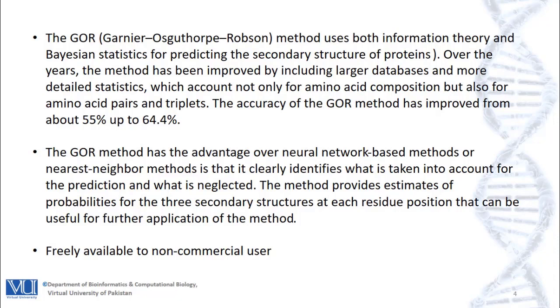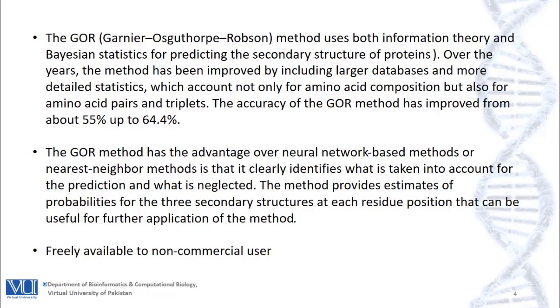It basically includes both information theory and Bayesian statistics for the prediction. The accuracy of the GOR method has been improved from about 55% up to 64.4%. And this method has advantages over other methods like neural network based methods or nearest neighbor methods, in that it clearly identifies what is taken into account for the prediction and what is neglected.